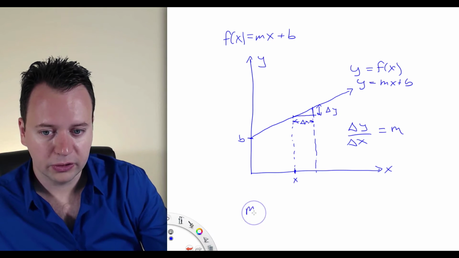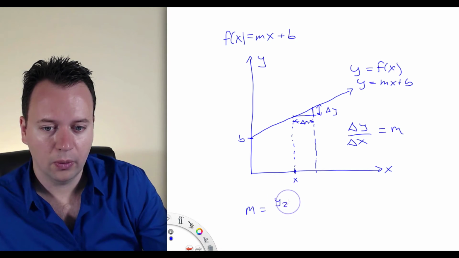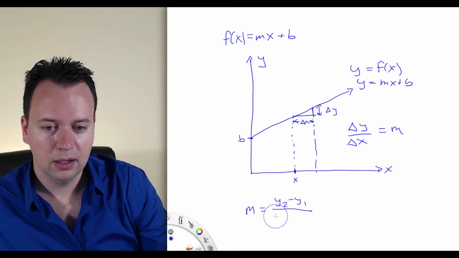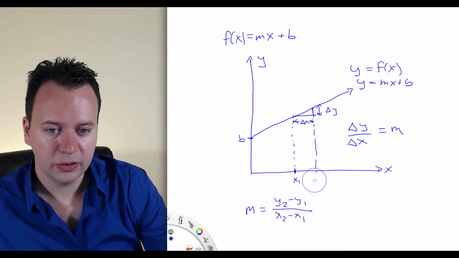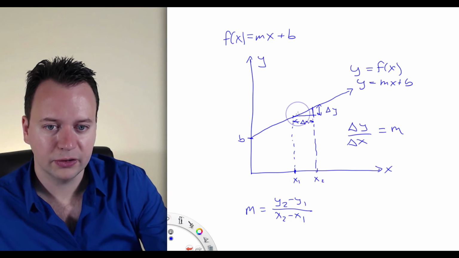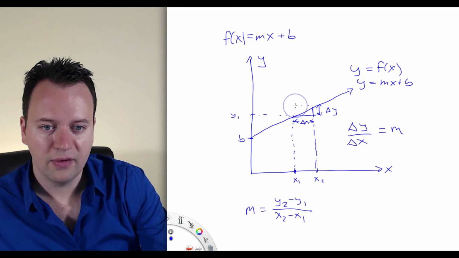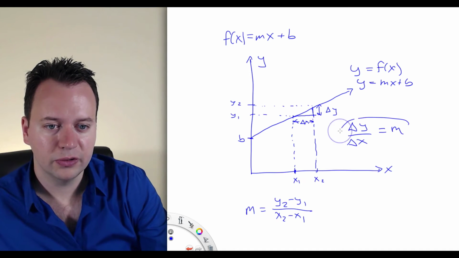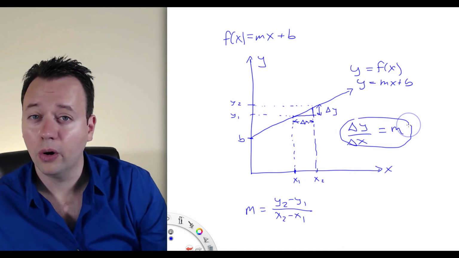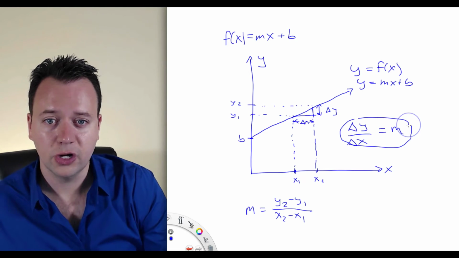In other words, the slope is always equal to y2 minus y1 divided by x2 minus x1. In this case, it would be x1 and x2, and the y value here would be y1, and the y value here would be y2. So basically the slope is the rise over the run, or the change of y over the change of x.